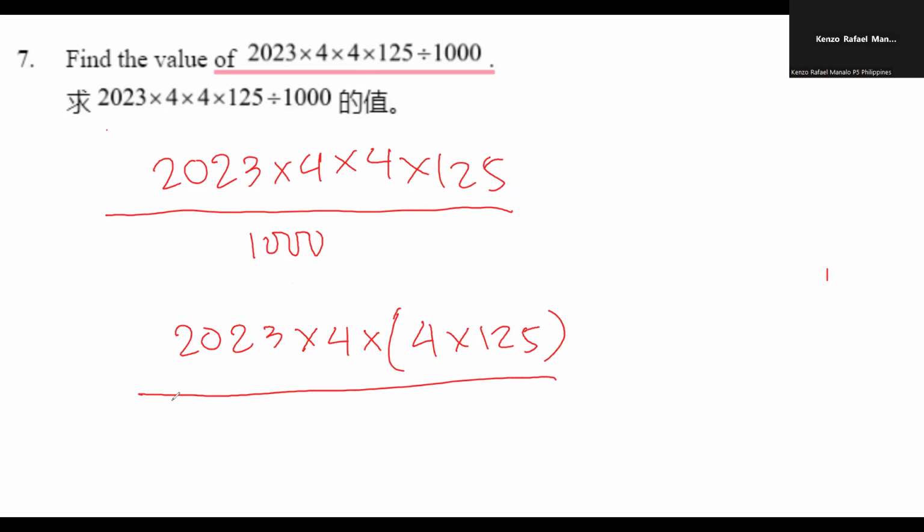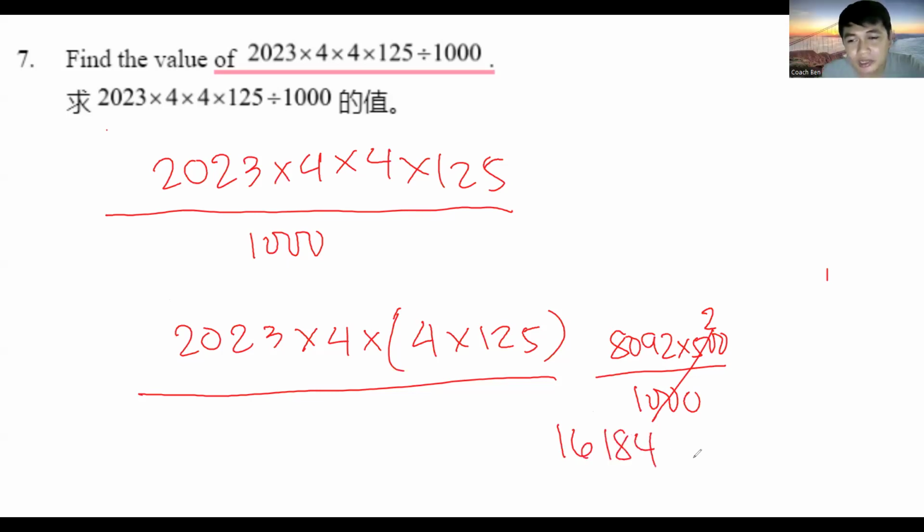So I simplified 1,000 and 500. Now it's just 2023 times 4 times 2. 2023 times 4 is 8,092. And then times 2 that would be 16,184. Okay, let's double check.